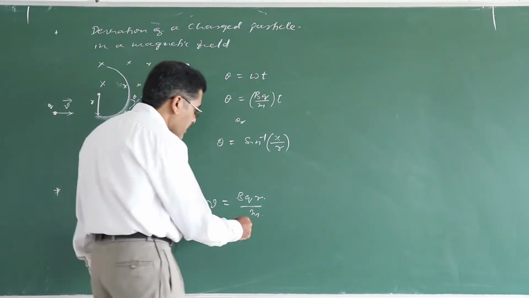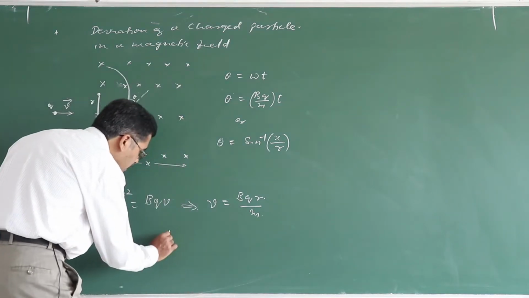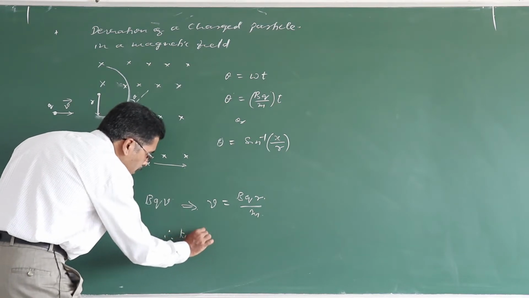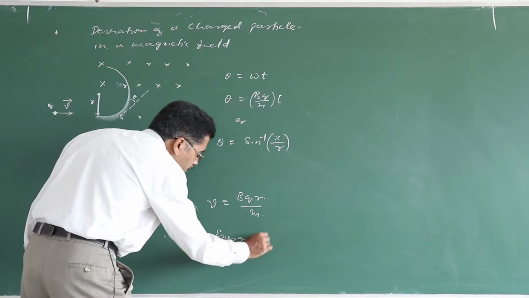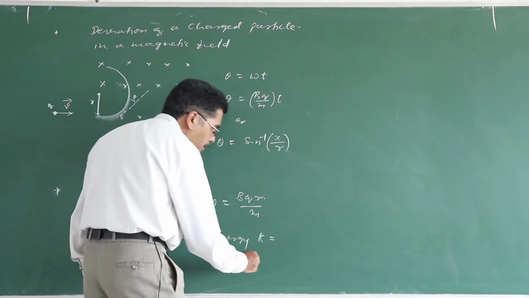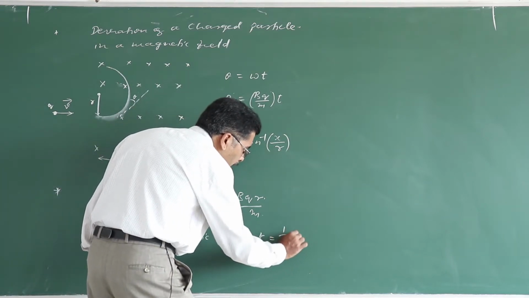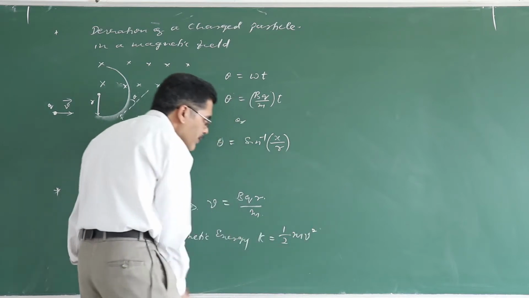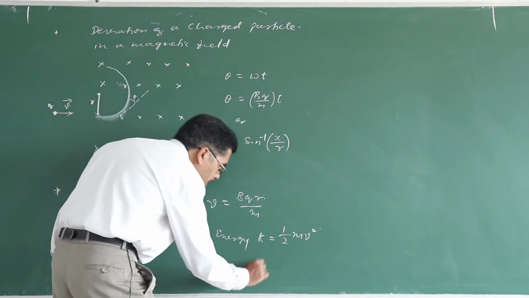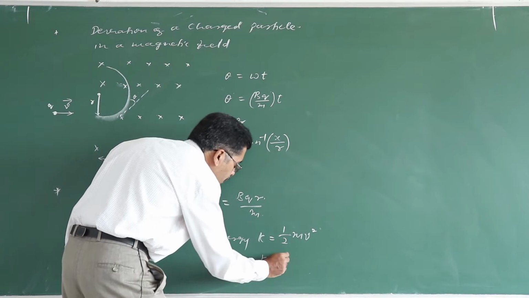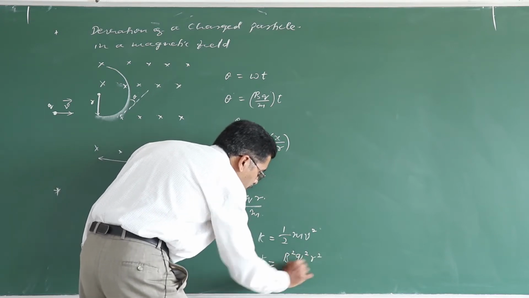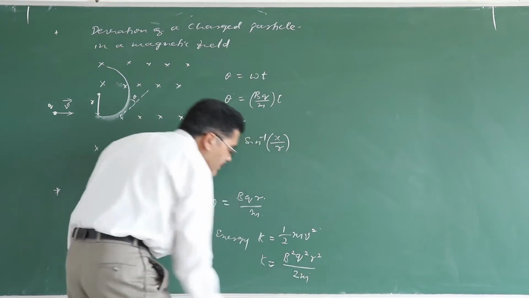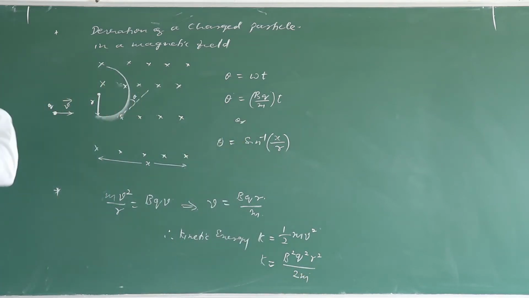Hence the kinetic energy of the charged particle is given by K is equal to half mv square. When you simplify this, you will get K is equal to q square B square R square divided by 2m. This is the kinetic energy associated with the charged particle.